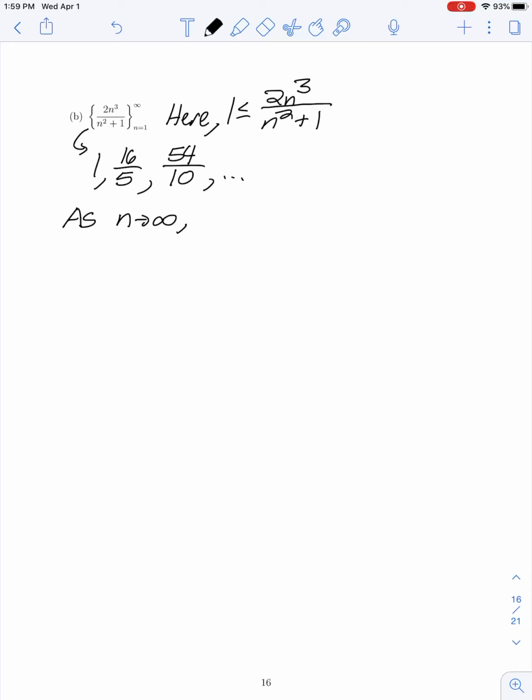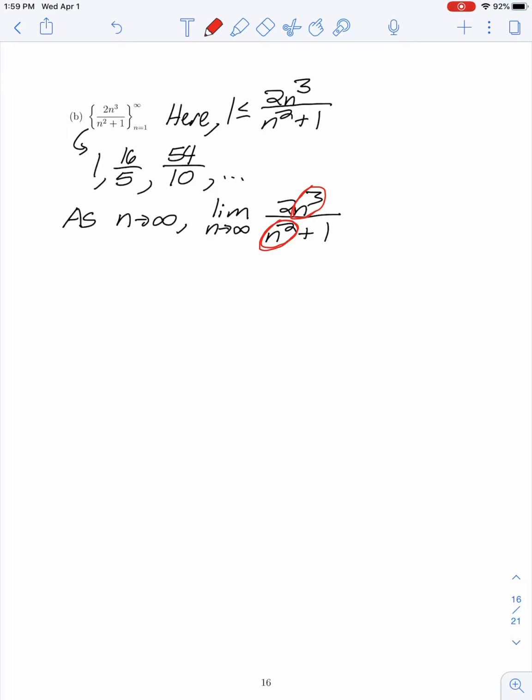Now let's think about whether it has an upper bound. So in this example, as we keep listing terms of our sequence, that is, as we allow n to approach infinity, let's look at the limit of our sequence, 2n cubed over n squared plus 1.